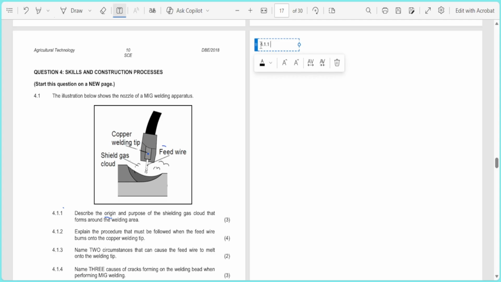Okay, so for 4.1.1, let's talk about the origin.